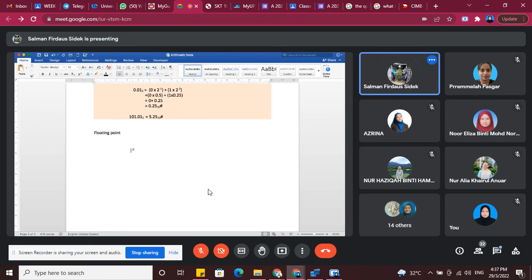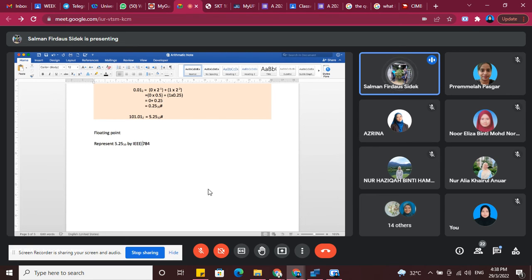Okay, the floating point number is maybe similar to the first one, but the difference is when the question asks you to represent this number, 5.25 just now, by IEEE 754. Ni nama formula dia, IEEE 754.